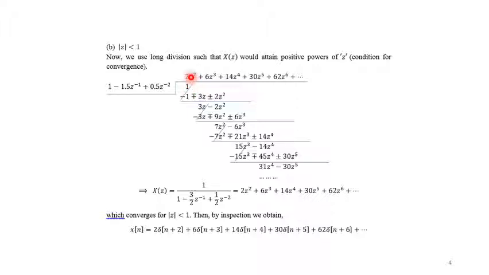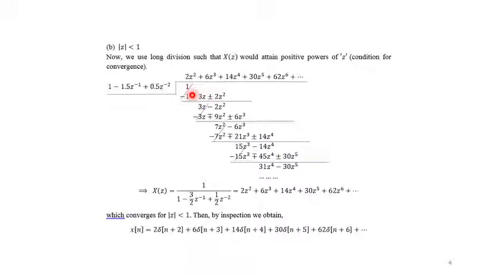So when I multiply this one with this, I get 1, then this is also multiplied with this one, so 1.5 z minus 1 multiplied by 2z square. So 1.5 times 2 will be 3, and this is z power minus 2, and this is z power plus 2, so we get z power plus 1, so we get 3z, with a minus sign, so minus 3z.